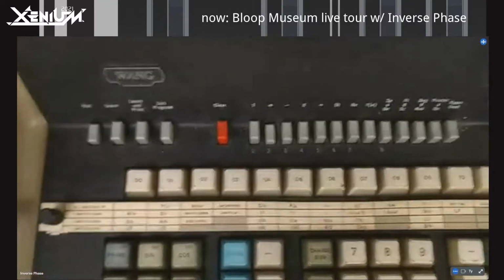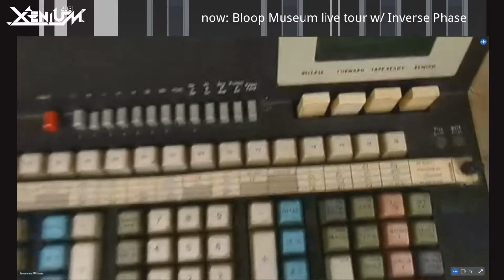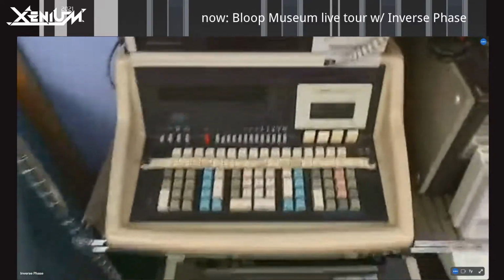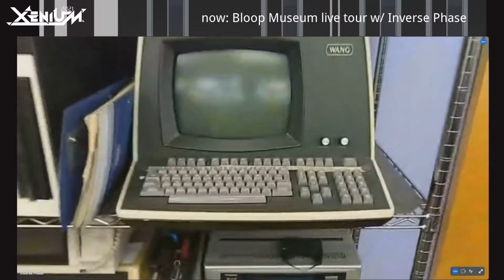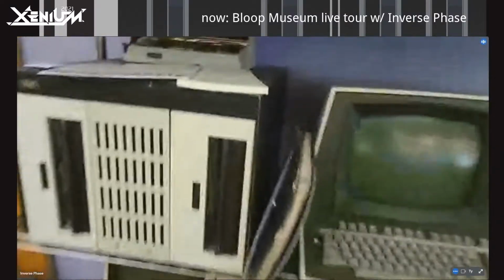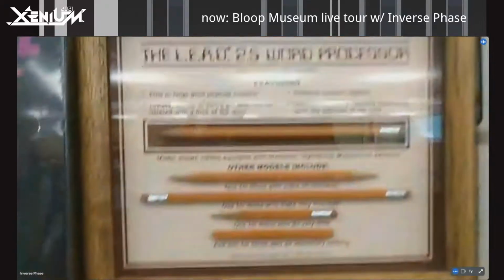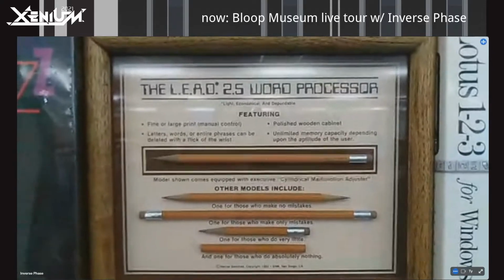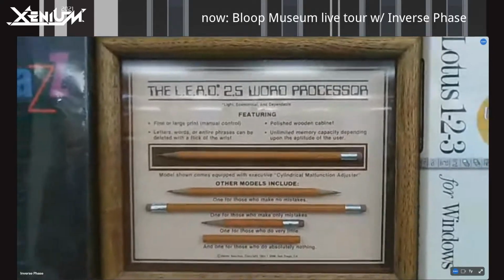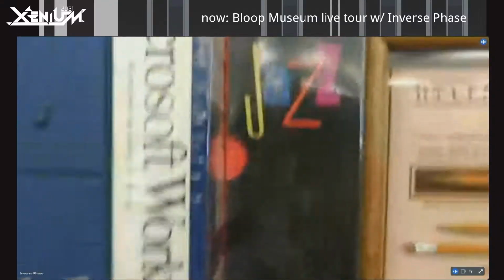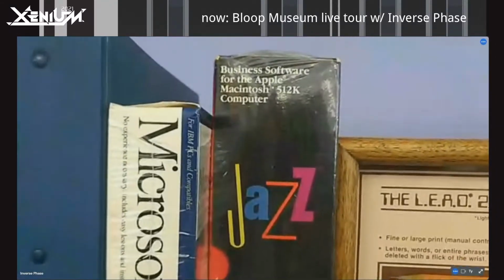So the reason you have F keys on your computer now probably is because of one of these. Pretty cool machines. We also have the LEAD 2.5 word processor, which is a very excellent device. Oh, and a copy of Lotus Jazz, just in case, you know.